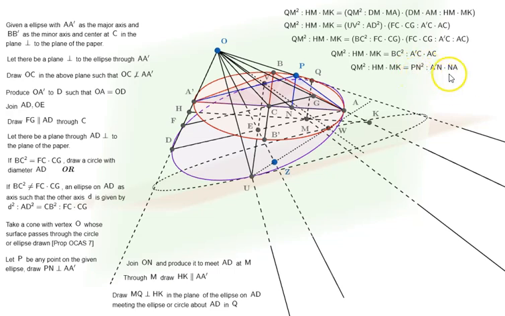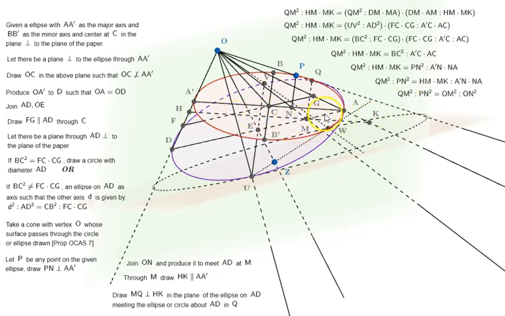So we take PN square is to A prime N times NA. Now, alternately, we can say QM square is to PN square is equal to HM times MK is to A prime N times NA.